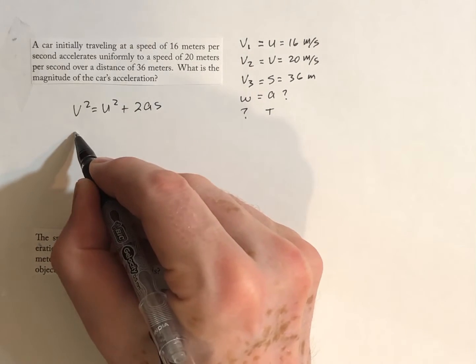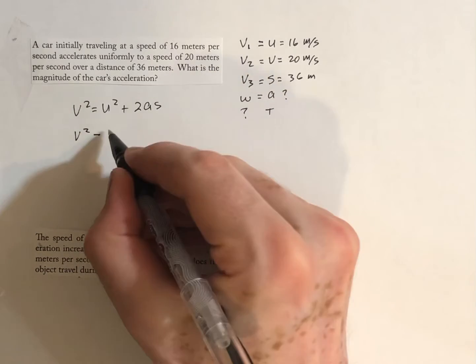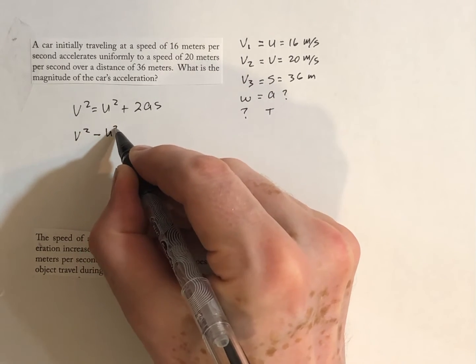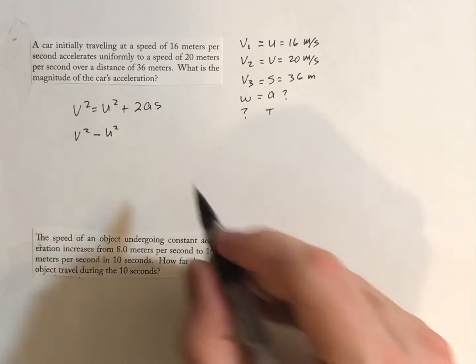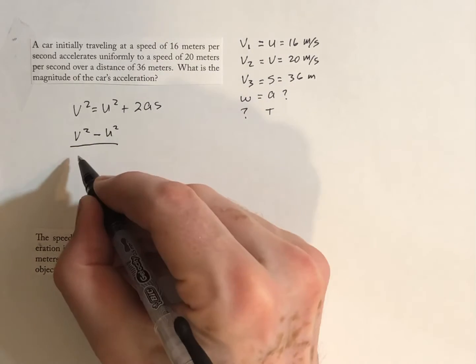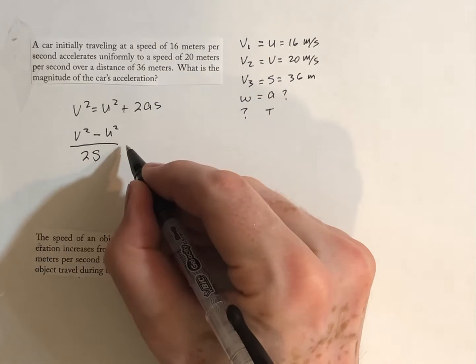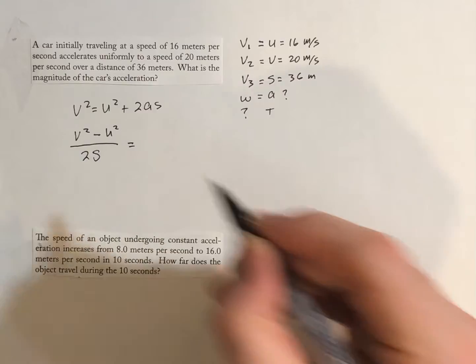So let's say that we have V squared, and I'm going to subtract the U squared from both sides, and then I'm going to divide that by, since I want acceleration, 2 times S. Let's put that into some numbers.